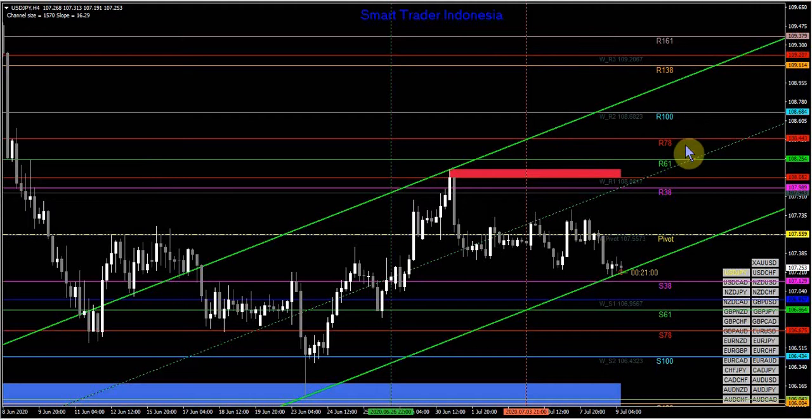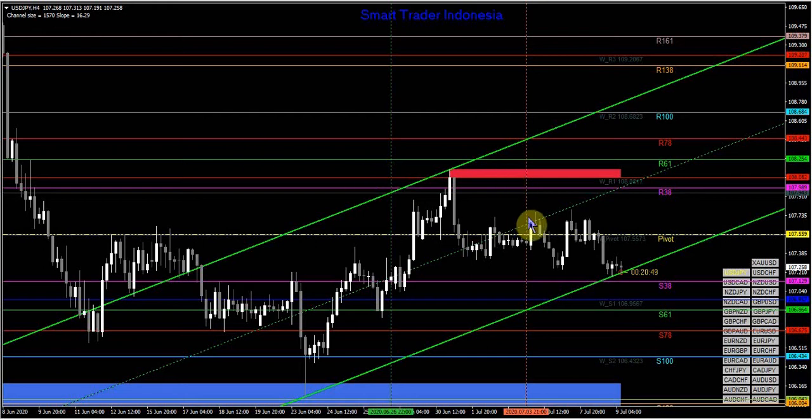But if price comes down here below the pivot points, I will be looking for buys. I buy down here, I sell up here. When the price gets in these areas, I'll be looking more to sell.